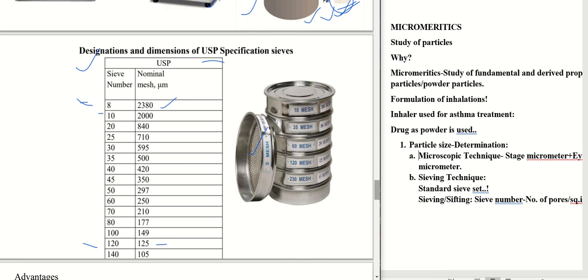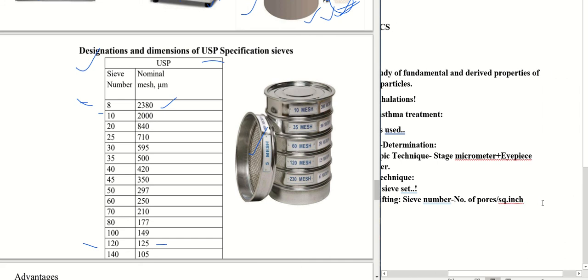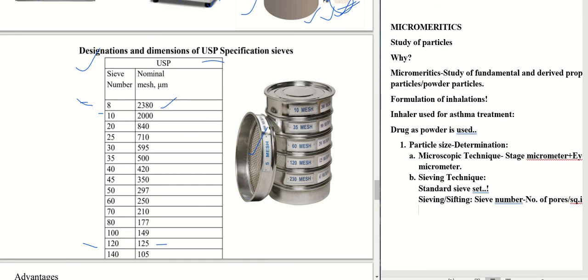Here we need to know about two terms. When we are considering especially a sedimentation or sieving technique, we need to know about two terms known as undersize and oversize.